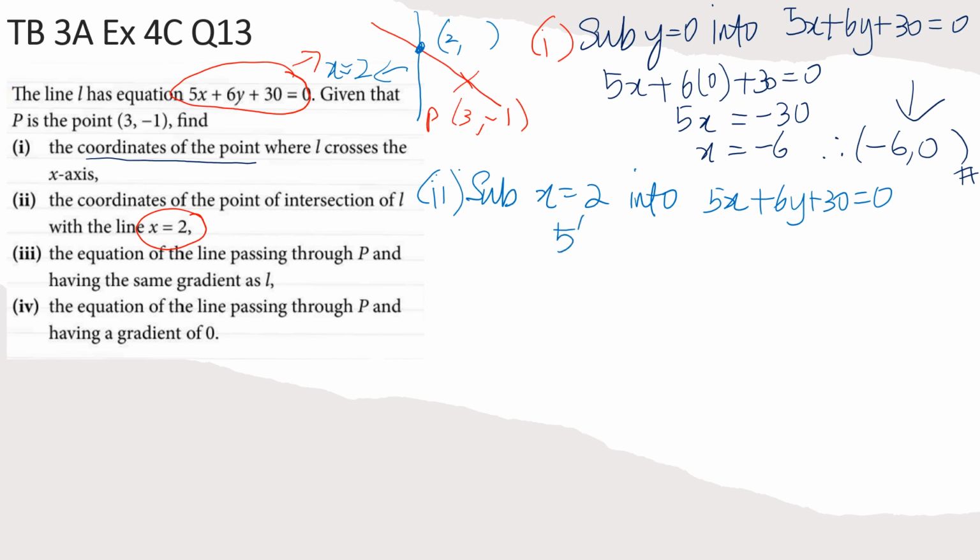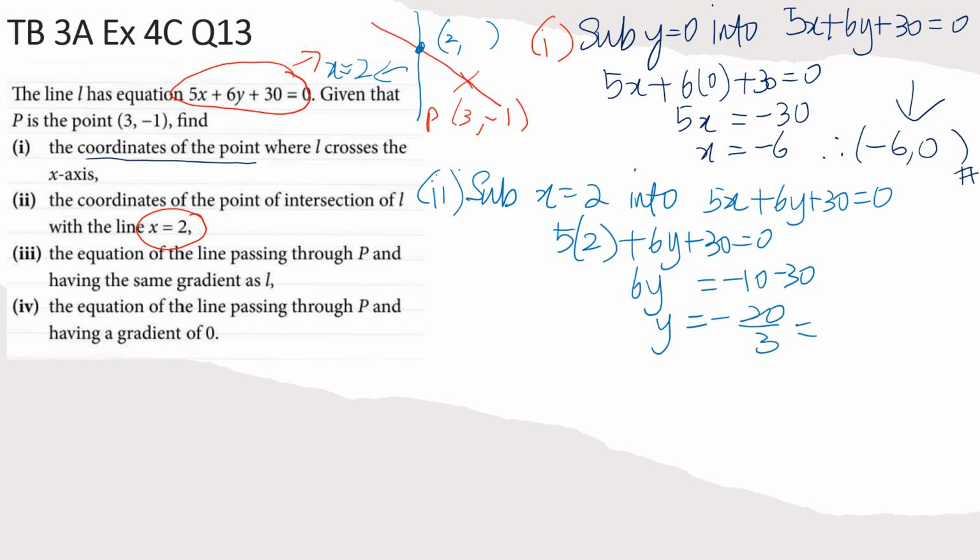So we substitute x to be 2. So 5 times 2 plus 6y plus 30 equals 0. That will give us 6y equals -10 minus 30, which gives us y equals -40 divided by 6, which is -20 over 3.